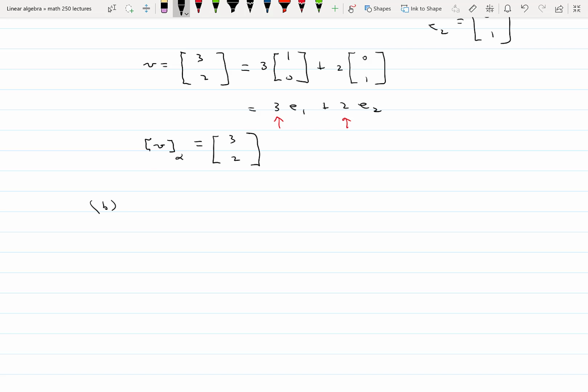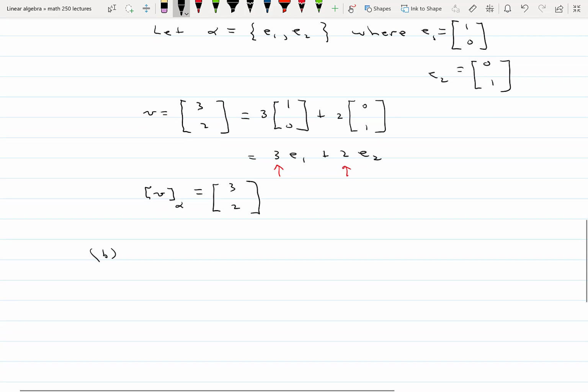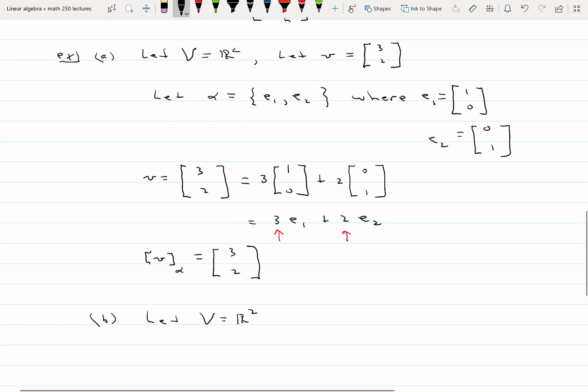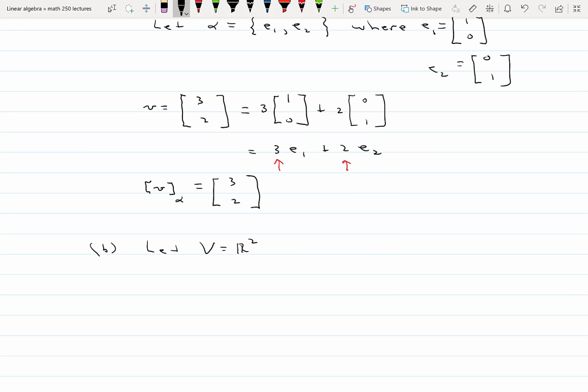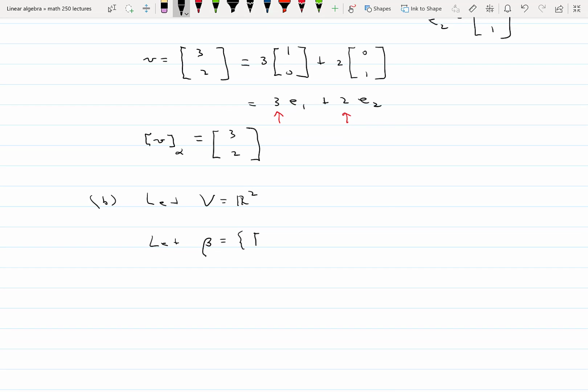Okay, so let's take a look at another example, part B of this example. Let's still consider R2. Let capital V equal the vector space R2, but I want to consider a different basis. Let beta equal the vectors 1, 0 and 1, 1.